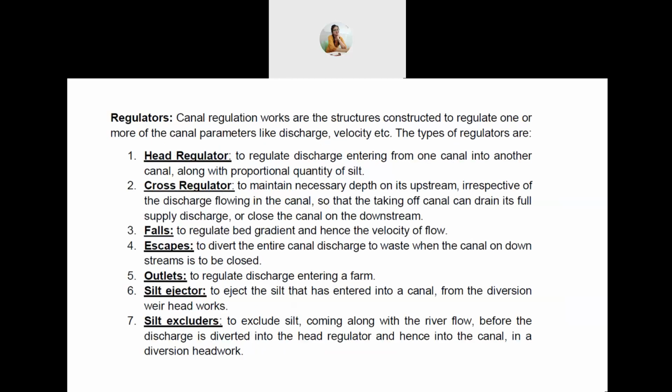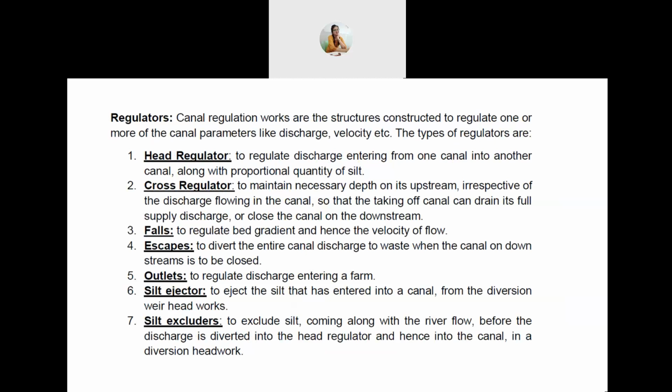Next, regulators. Canal regulation works are the structures constructed to regulate one or more of the canal parameters like discharge, velocity, etc. The different types of regulators are a total of 7, which I have explained below. The first one is a head regulator, which is used to regulate the discharge entering from one canal into another canal along with a proportional quantity of silt.